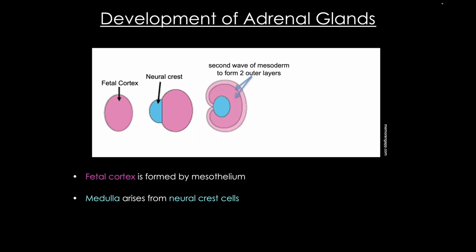As development proceeds, we have this second wave of mesoderm that comes in, so now the cortex has 2 layers, and this continues even after birth, where the 3rd layer will develop until we finally arrive at our triple-layered cortex of the adrenal gland, along with the neural crest-derived medulla cells that produce epinephrine and norepinephrine.